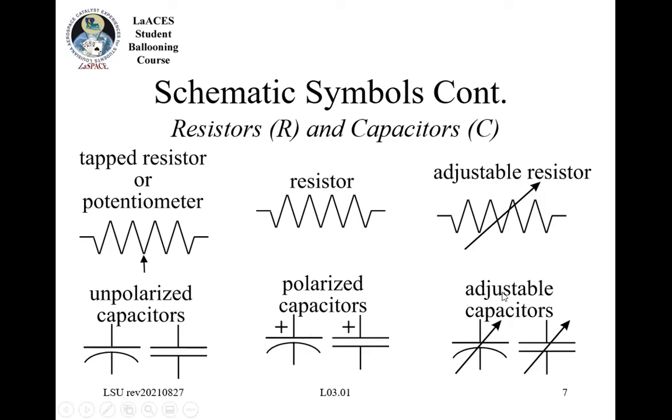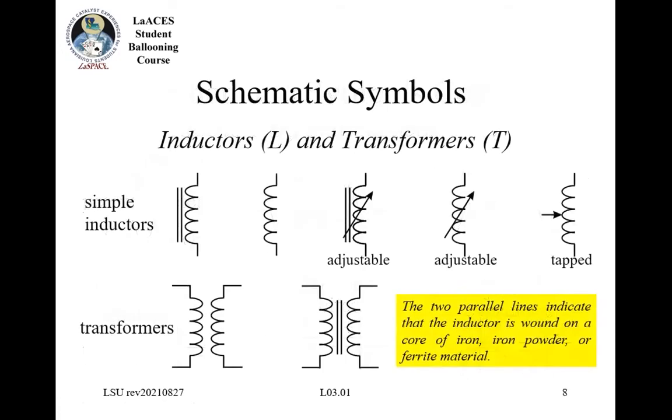And these adjustable capacitors, I haven't used these very often, but apparently that's the symbol for it. So if you do see it, it just means that it's kind of like the potentiometer where you can change the capacitance with some kind of mechanism. So for the inductors and transformers, these are other devices that you might see.